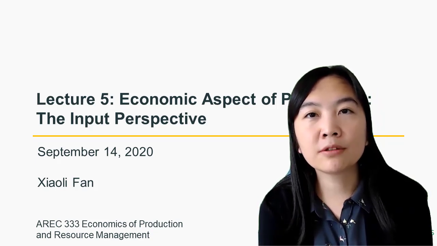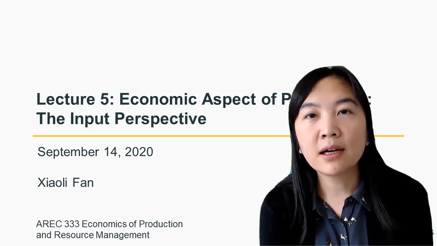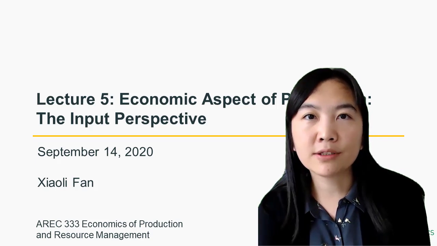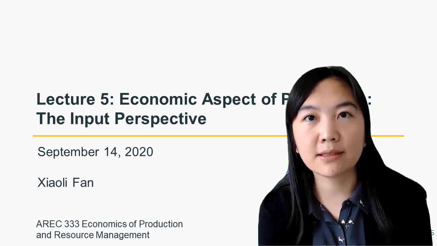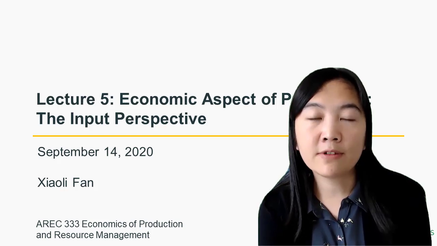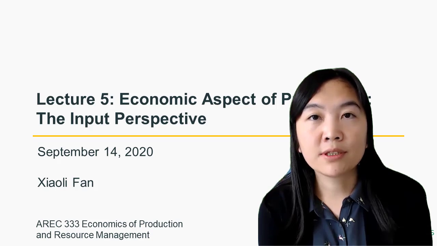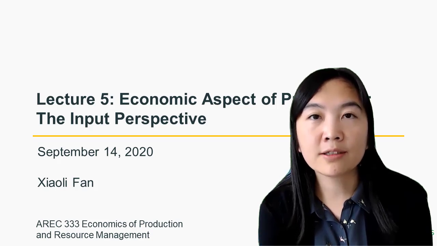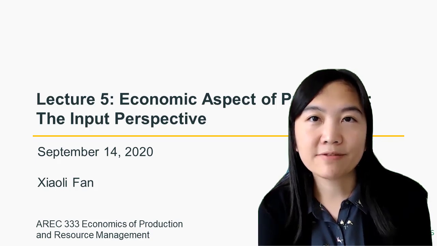And later on, we will figure out that it doesn't matter which perspective we start with, you will get the same results, which means that the level of input and level of output that the producer will end up choosing is the same. So why don't we start with the input perspective?